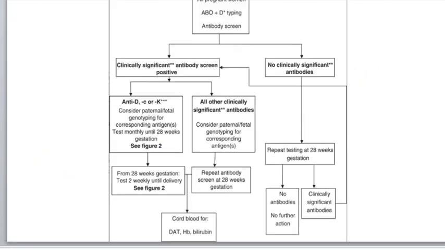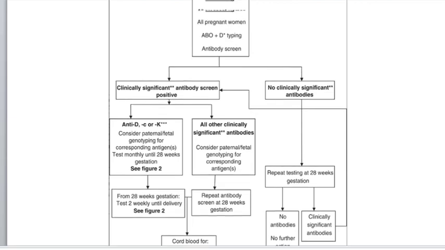Now, this is the algorithm for pregnancy with red cell antibody.